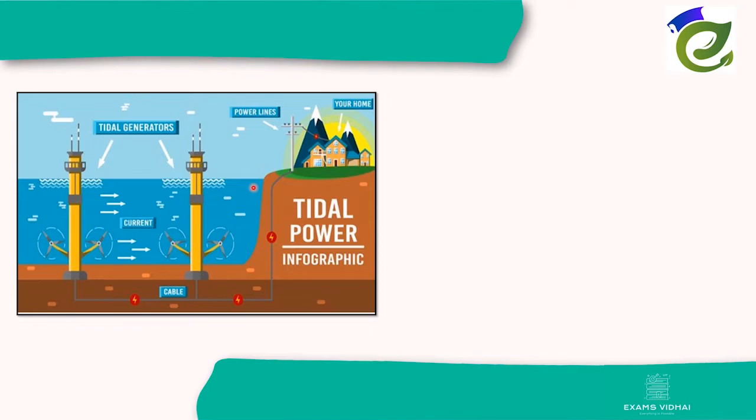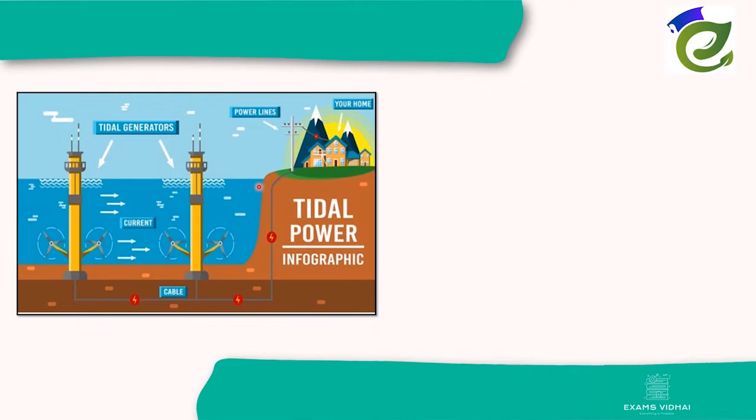Tidal fences are turbines that operate like giant turnstiles, whereas tidal turbines are similar to wind turbines, only underwater. In both cases, electricity is generated when the mechanical energy of the tidal current turns a turbine connected to a generator.